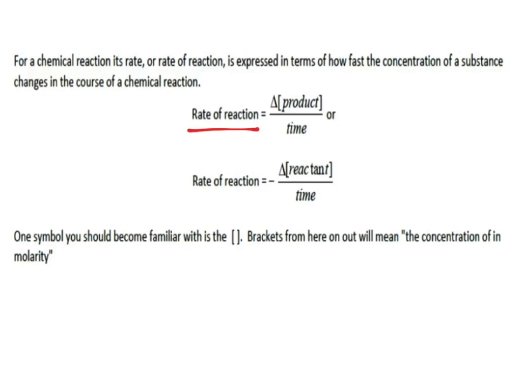But something we notice here is when we're looking at reactants, it's negative. So why is it negative? Because they're being used up. You don't have a negative rate, but we're showing that it's negative because it's being used up. And this is the one that we're going to focus on during this unit. We're going to talk about the concentration of reactants.